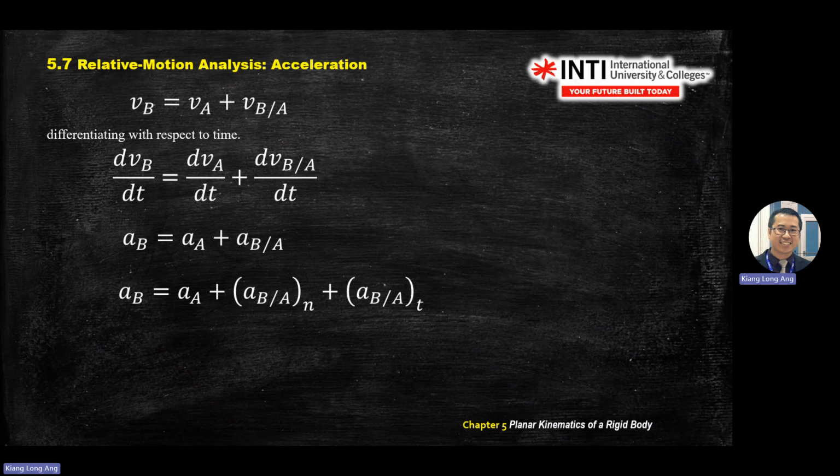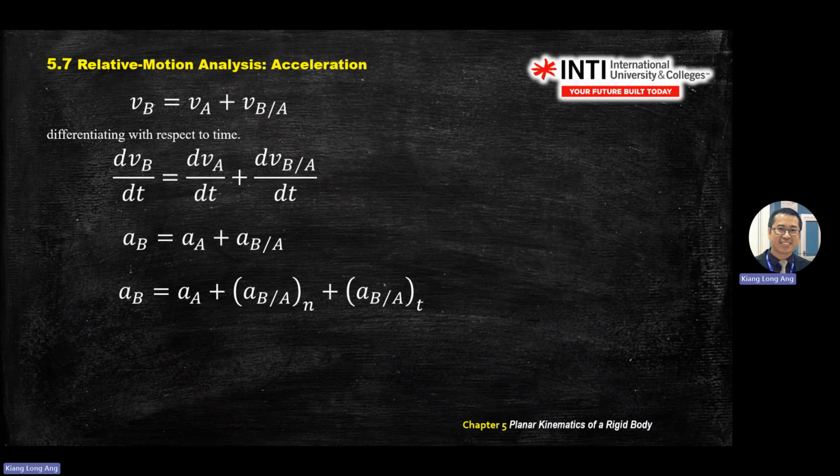Again, I need to highlight: when you have B stroke A, because you have a rotation and it is circular, you need to split into normal and tangent directions. Why?